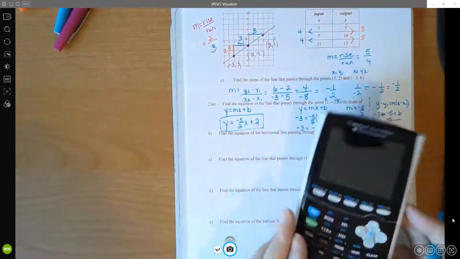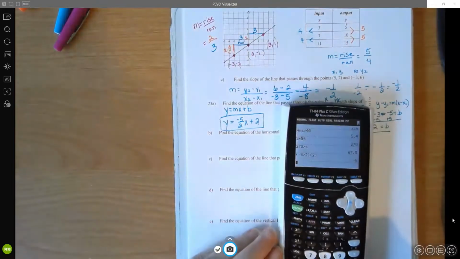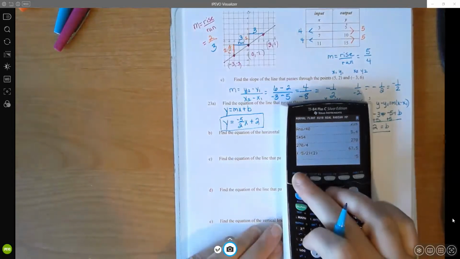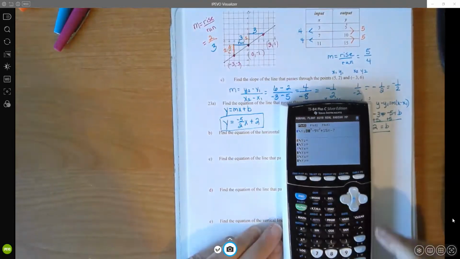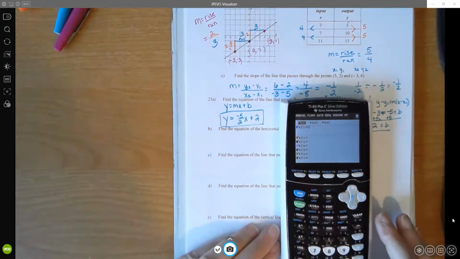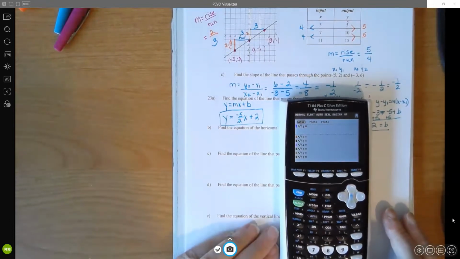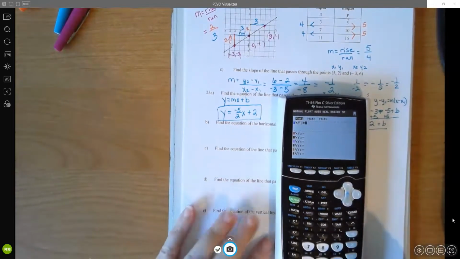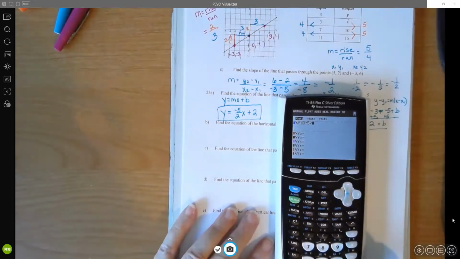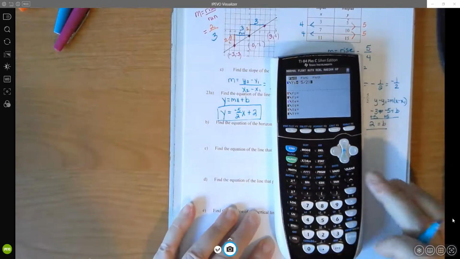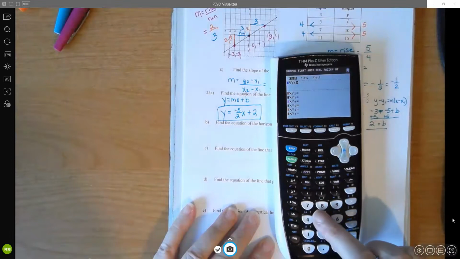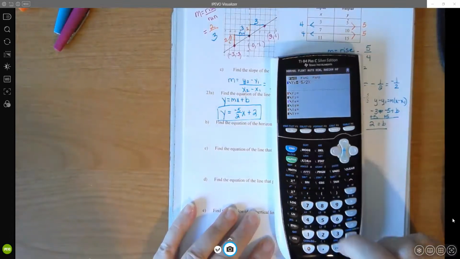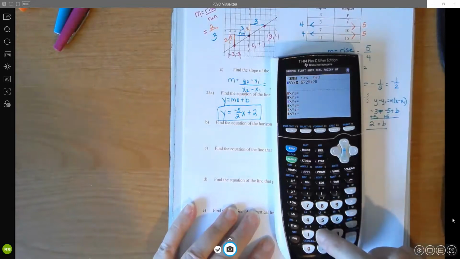Now, I can check my equation by pressing y equals, clearing out my equations, typing in my answer, negative 5 halves. Let me do that again. Negative 5 divide 2, and then I just type in the x plus 2.